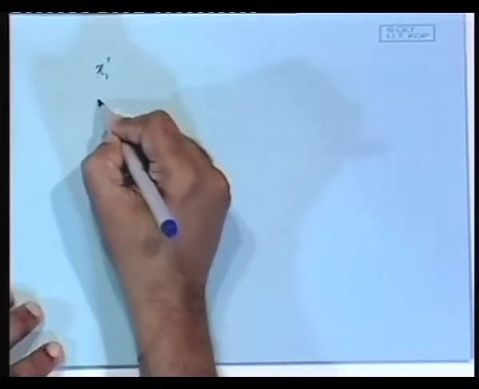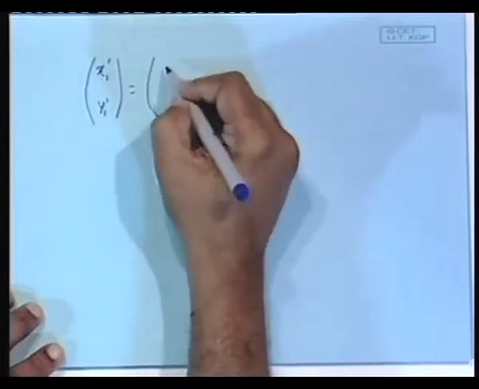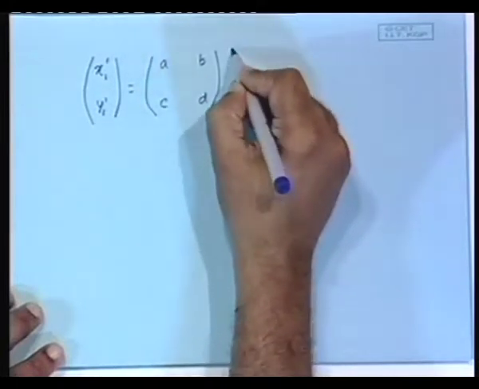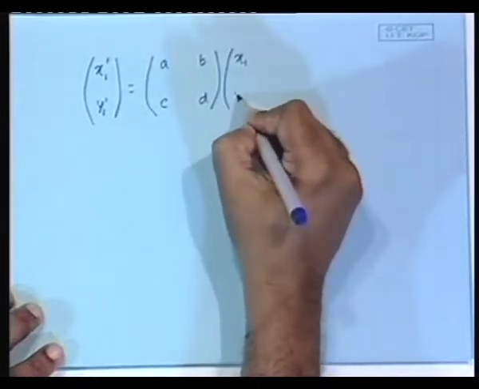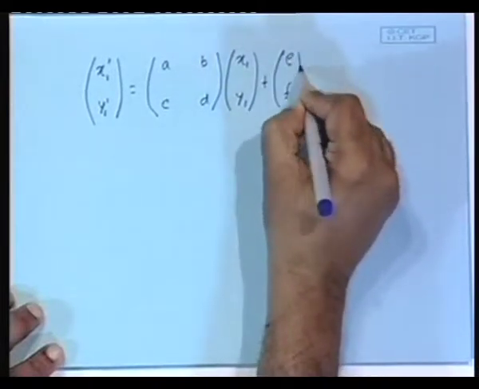x1 dashed, y1 dashed is obtained as a, b, c, d times x1, y1 plus e, f.